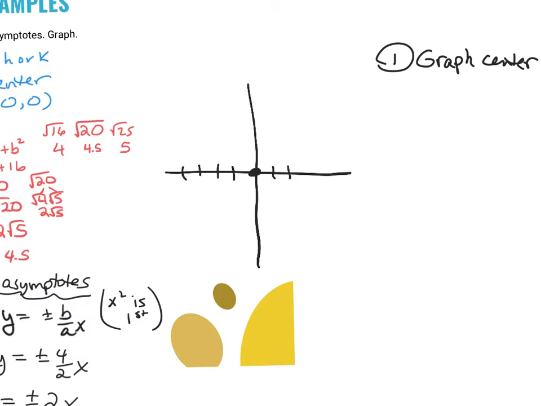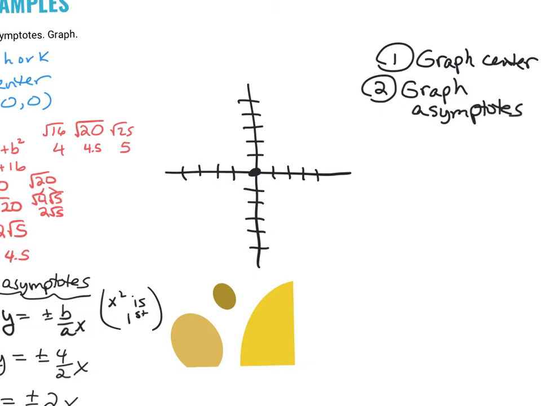Add some marks here. Number 2, graph the asymptotes. I'm going to be graphing y equals negative 2x and y equals positive 2x.